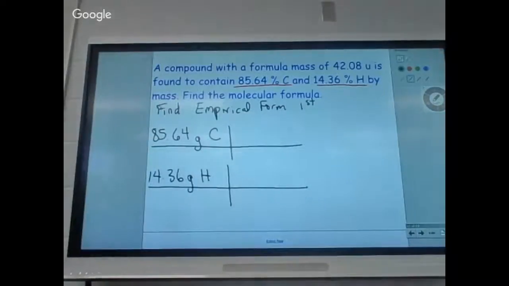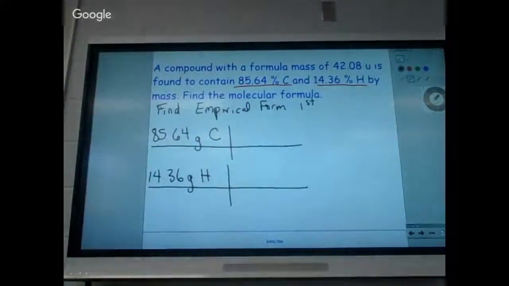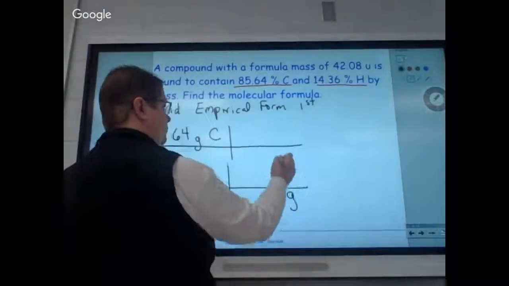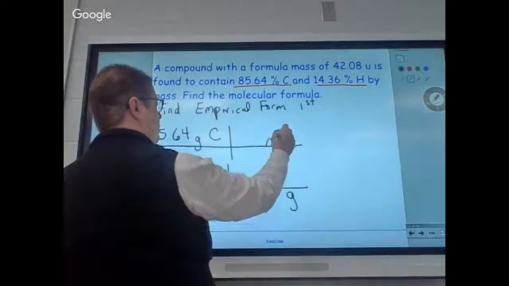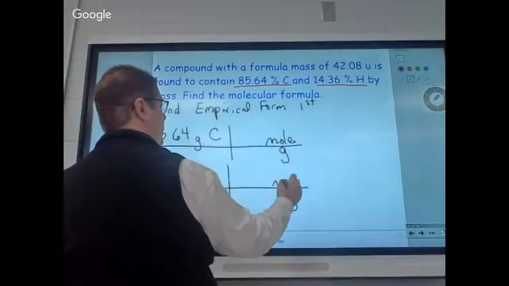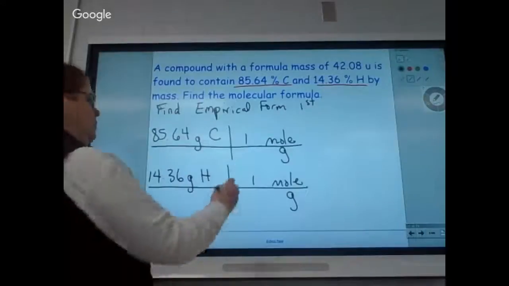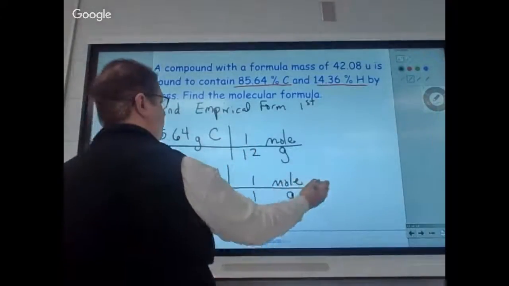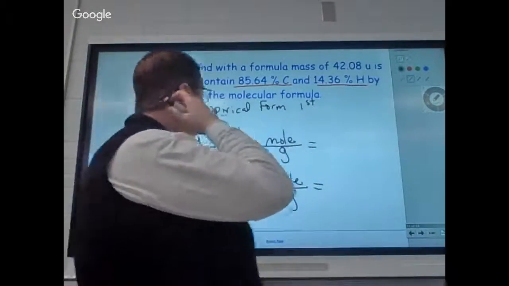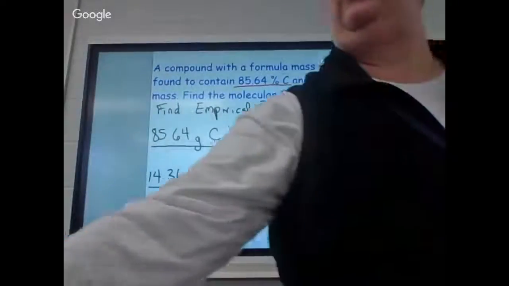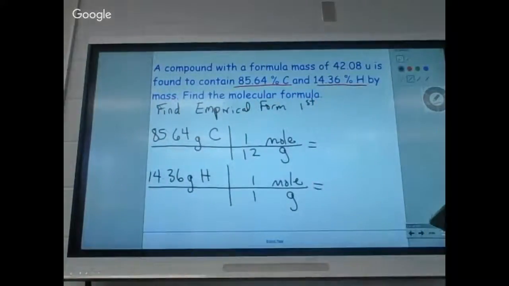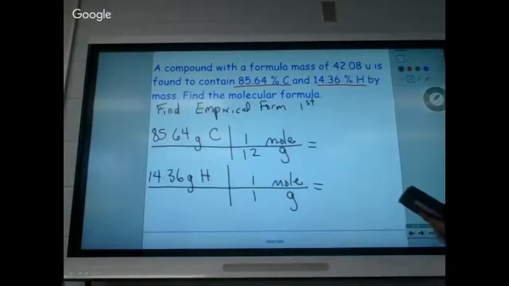So we've changed them to grams, and I went ahead and drew the mole charts. So what has to go on the bottom? Grams goes on the bottom. And Asia said 1 mole on the top, and I'm just going to again use whole numbers. 12 and 1.